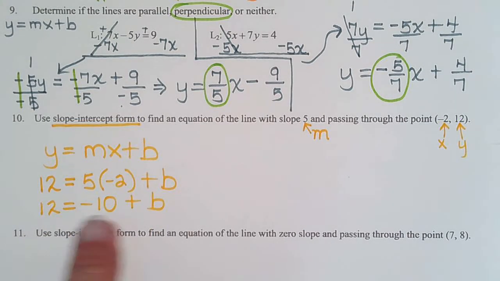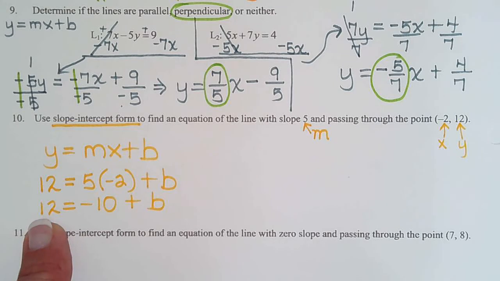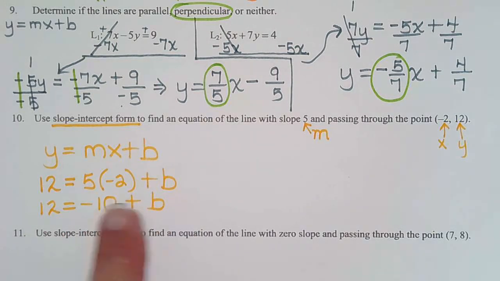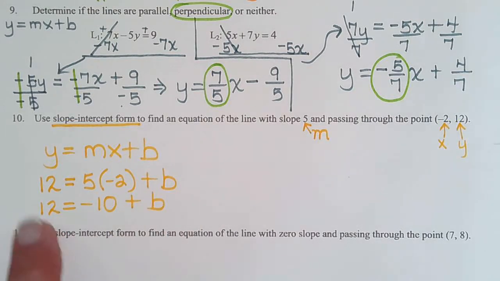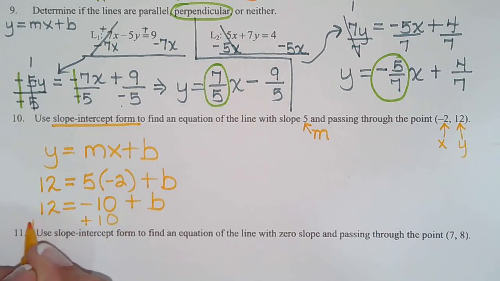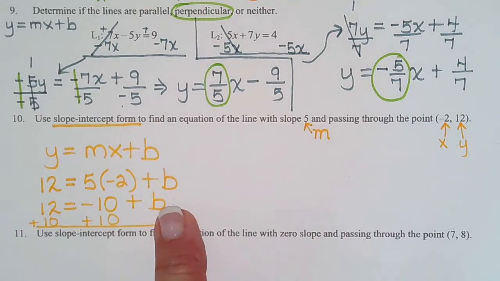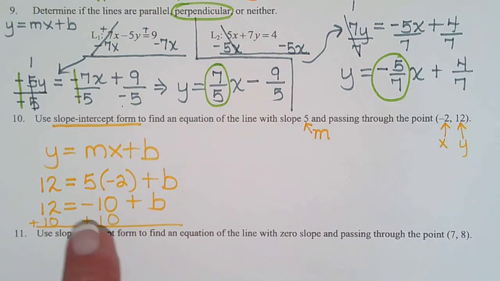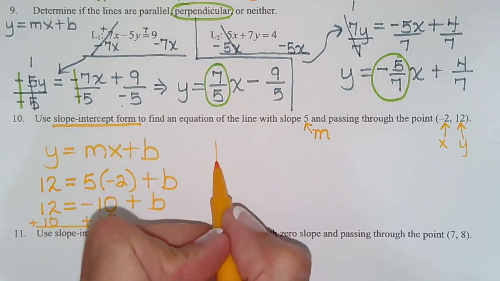Well, you can't combine these if they're on different sides of the equal. To find b, you need to get b alone, so you have to do the opposite to bring that over. So plus 10, plus 10. Don't do sloppy math. Make sure if you're solving for b, you get b alone, which means do the opposite to move the other over. So b isn't 2, b is 22.